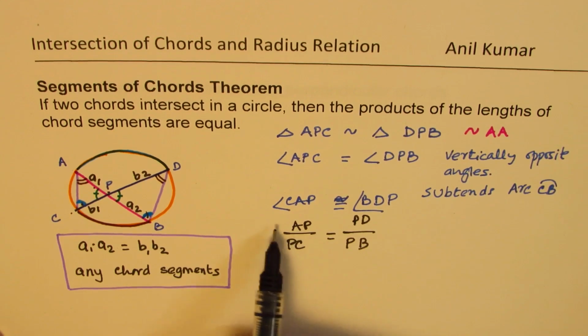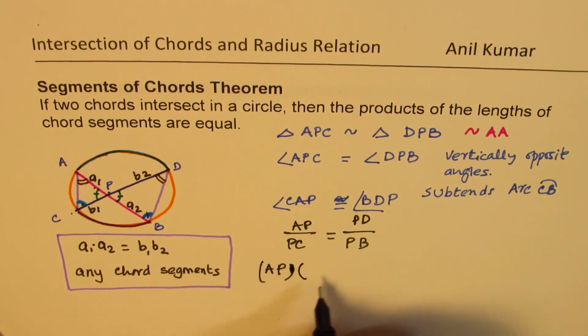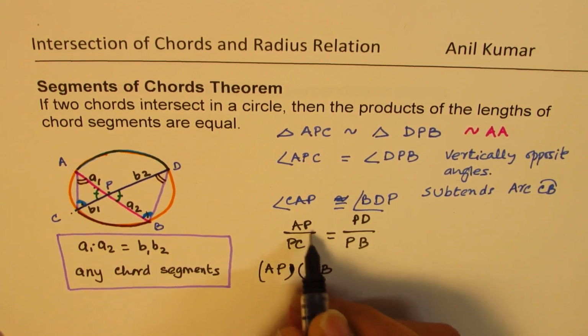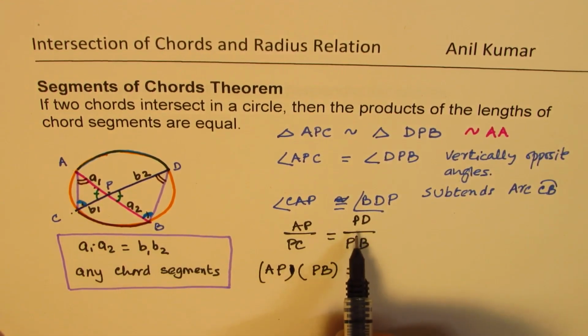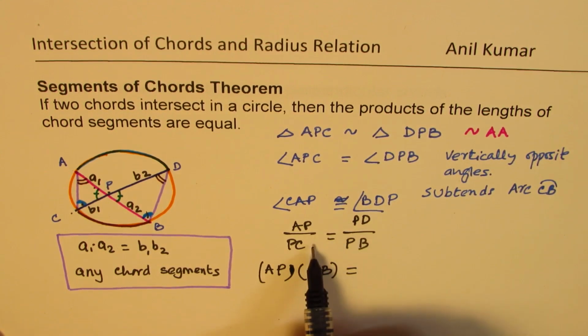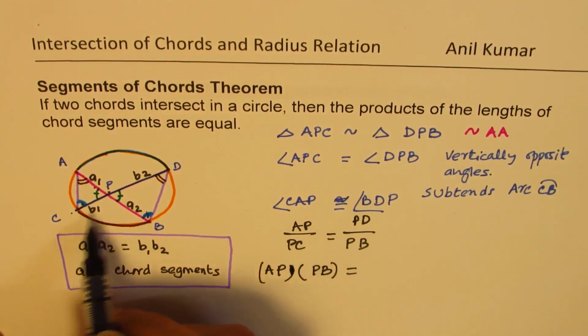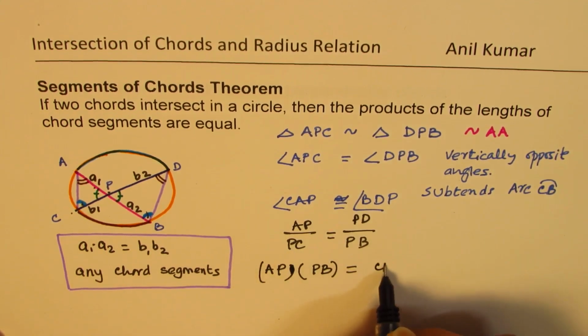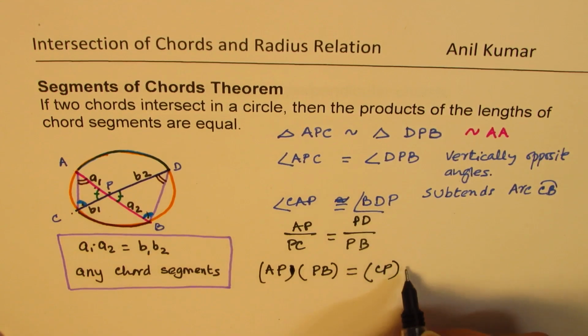Now if you cross multiply, we get AP times PB equals CP times PD.